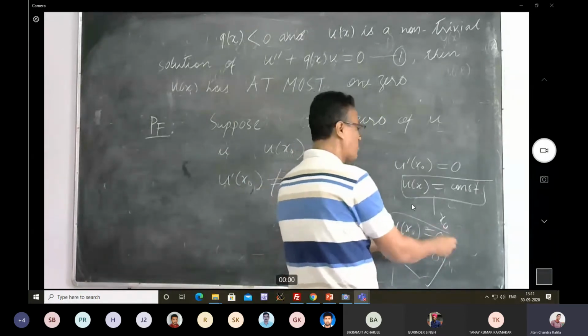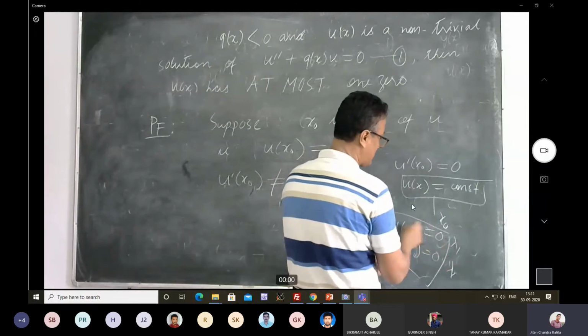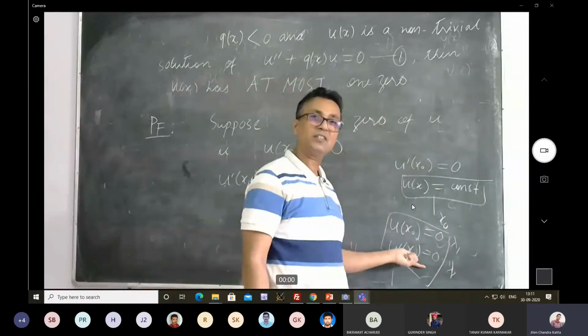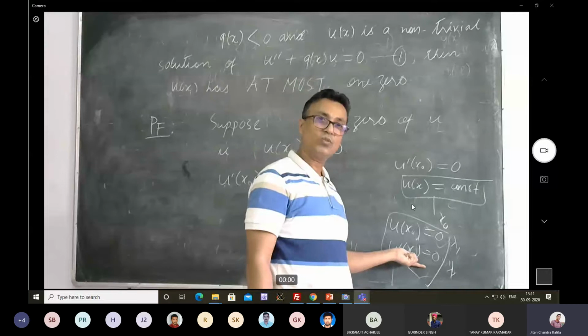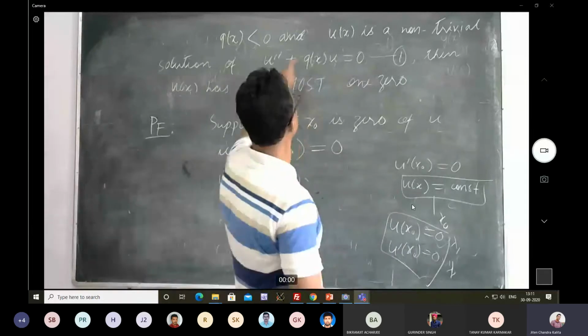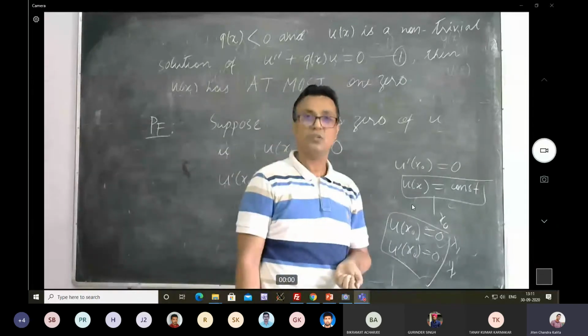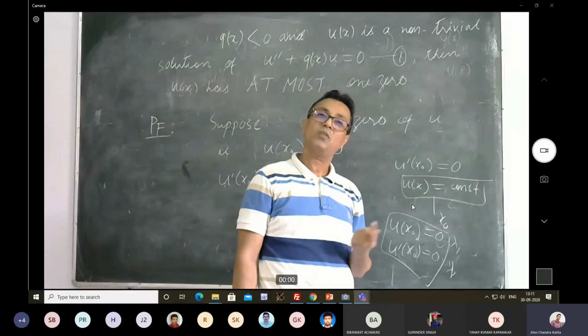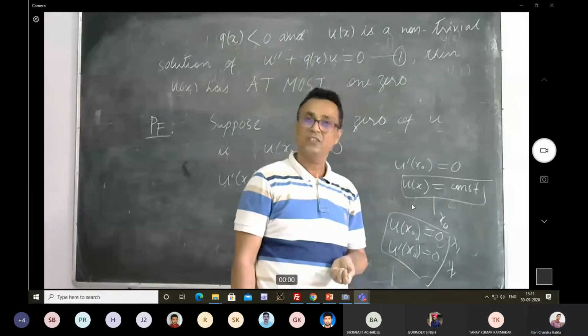Say, suppose I have lambda 1 and lambda 2, this equal to lambda 1, this equal to lambda 2. Under these assumptions, this equation is always going to have a unique solution. But u equal to 0 is already a trivial solution, right?